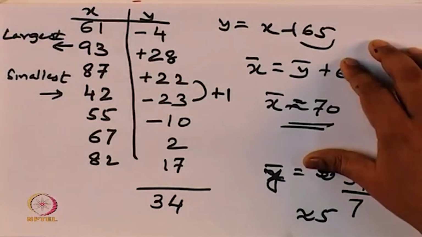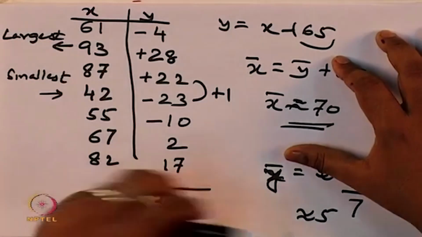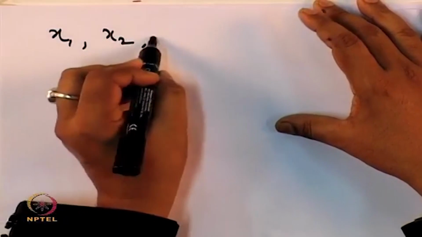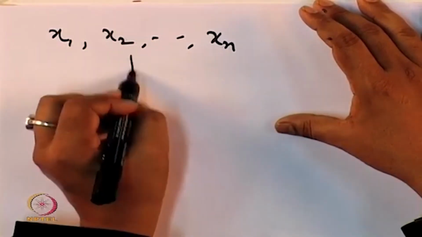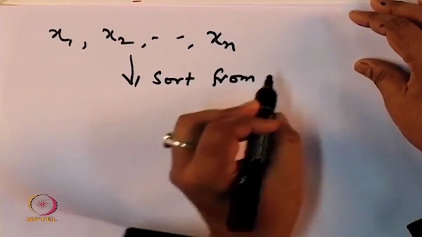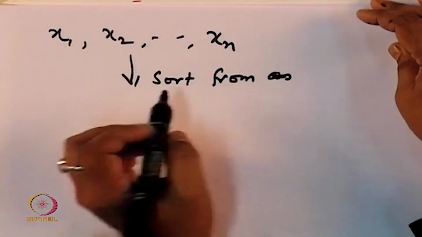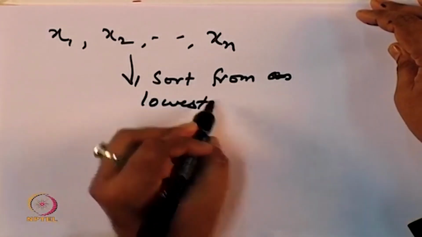Okay. Please remember that this value of 65 is not a magic number. We chose it based on the range of the numbers. Okay. So, one simple rule of thumb is, if you have all these numbers, let us say x1, x2, dot dot, xn, you first sort them from lowest to highest.